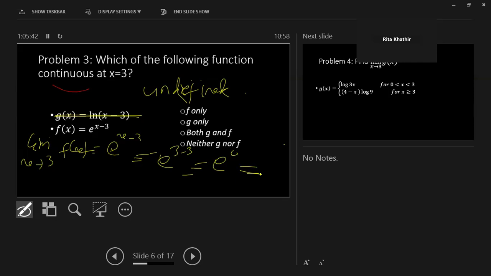And for every real number, a power of 0 is 1. So you have continuity for this function. Then just choose this one. This not, this not, this not. When you cannot find the definition, of course, then you think the limit does not exist, or it is a discontinuity case.